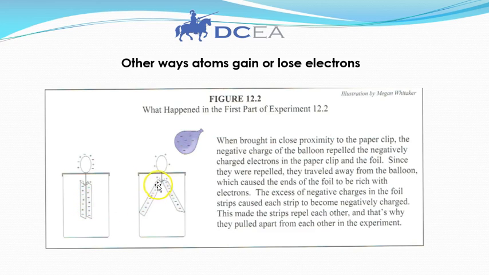So consequently, they end up pulling apart during the experiment. The negative charges actually traveled in this process and converted the balanced aluminum foil strips into negatively charged strips.